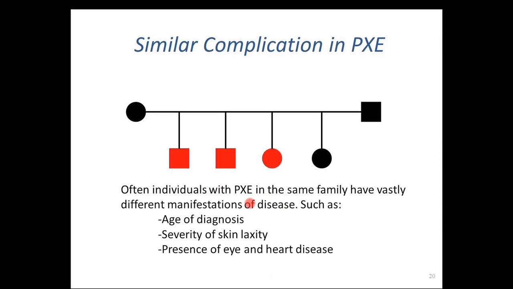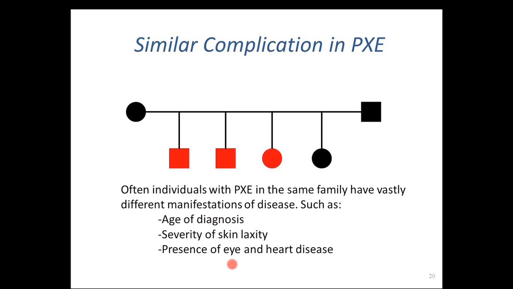Or obviously, if you're a physician or researcher treating patients or families with PXE, you've probably seen this: there's quite a bit of variability in the age of diagnosis, in the severity of the major complication, and in which gets identified first, the laxity in the skin, or the presence or absence of eye complications or heart disease.